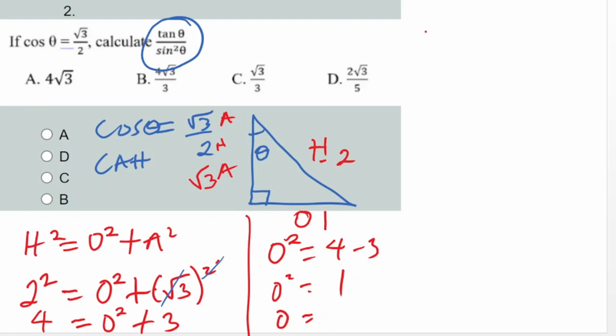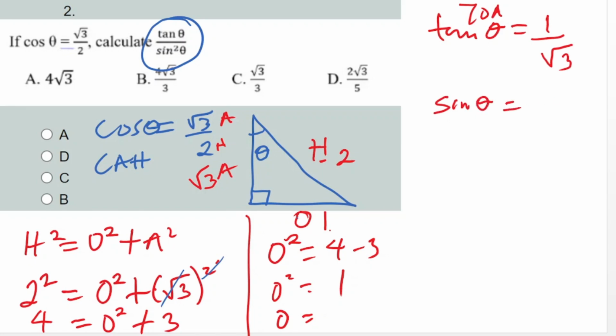So we can then say that tan theta, which is opposite over adjacent. What's the opposite here? 1, all over the adjacent, root 3. Then sine theta equals opposite over hypotenuse.